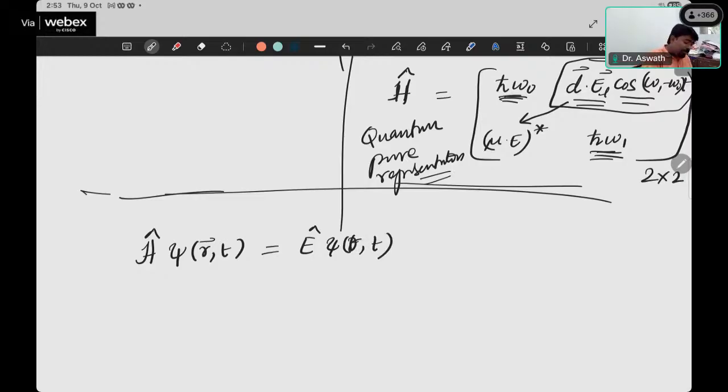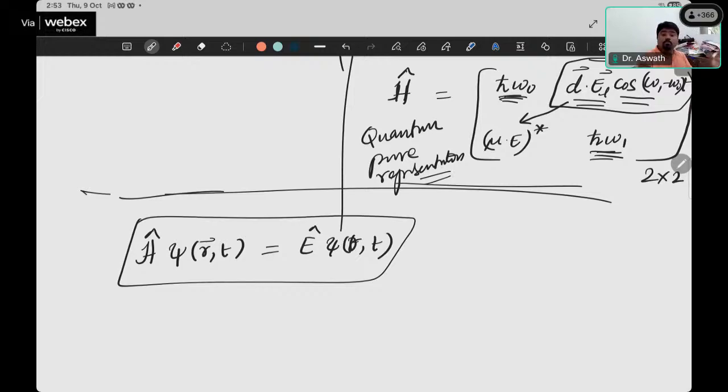So the eigenvalue equation is common. The Hamiltonian can take the kinetic energy plus potential energy expression form, or a Hamiltonian matrix form. In the matrix form, E is now energy, not an electric field, and E takes the operator i h-bar partial derivative with respect to t.